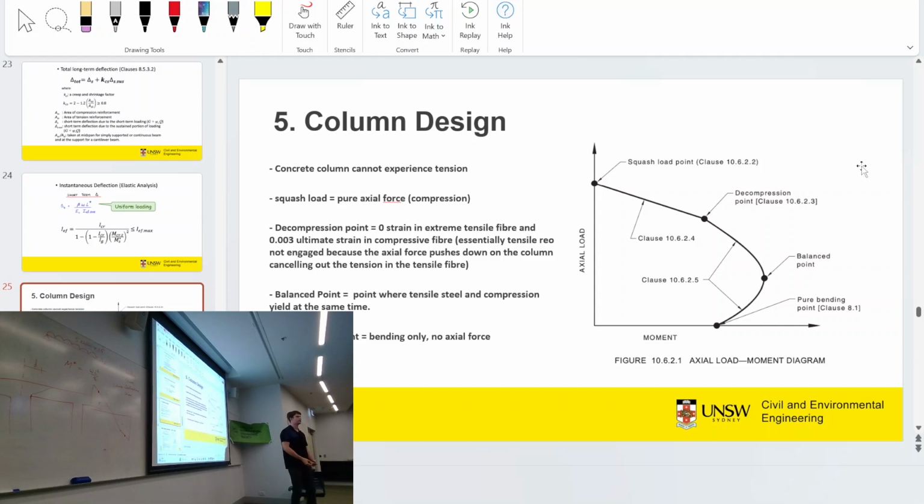Is that because it also counts the weight of the actual column itself? And it's kind of collapsing, so the bottom takes the load from the top of the column. I feel like you're quite close, but it's not quite there. Do you want to elaborate a bit more?